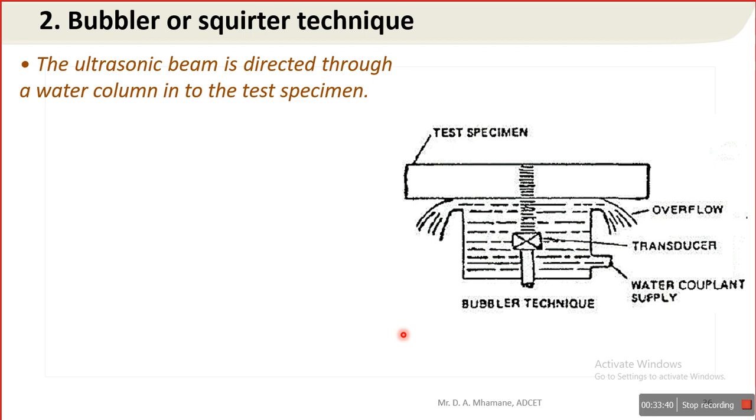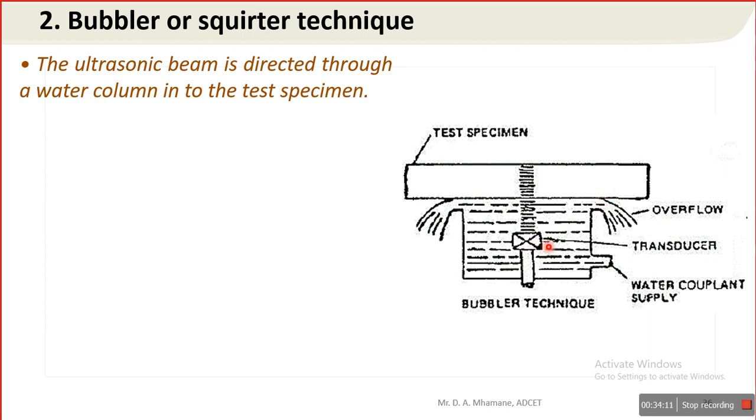So the next type, the bubbler. If you see this image, the ultrasonic beam is directed through a water column into the test specimen. Means water is supplied continuously between the transducer and the test specimen, and the overflow of water comes out at the interface between the material and the pot.